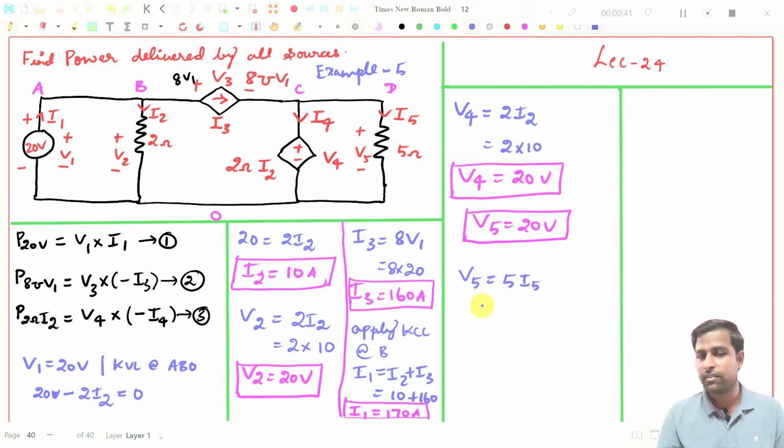We already know what is V5, right? So it is very simple now. So I5 should be equal to, what is V5? That is 20 divided by 5. So what you will get? I5 should be equal to 4 amperes, right? 4 amperes.